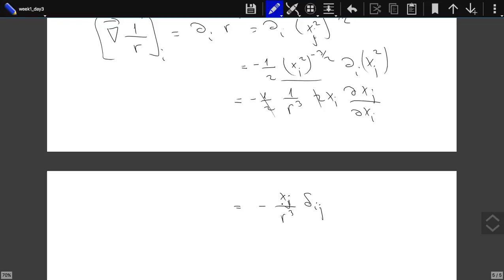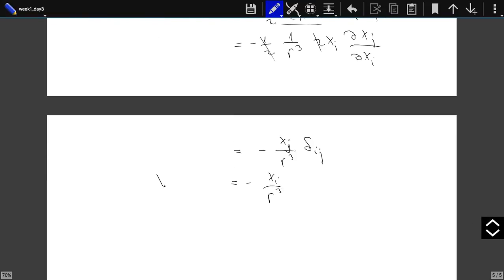So when I'm summing over all j, this just becomes minus xi over r cubed. So the gradient of 1 over r turns out to be such that the i component is minus the vector r over r cubed, the i component of this vector.